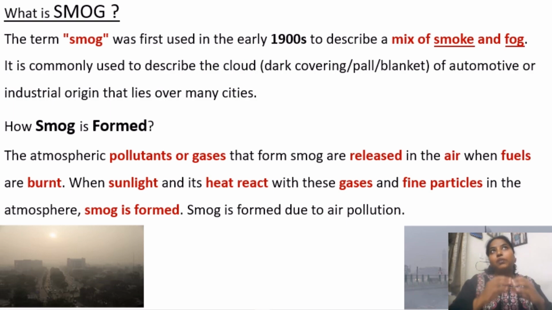So basically, when gases like NOx and SOx are in the atmosphere and sunlight enters, there is a reaction between these chemicals and the light. This creates a smoky or cloudy appearance, and that is your smog. We'll be discussing the chemical constituents and the reactions responsible for the formation of smog.